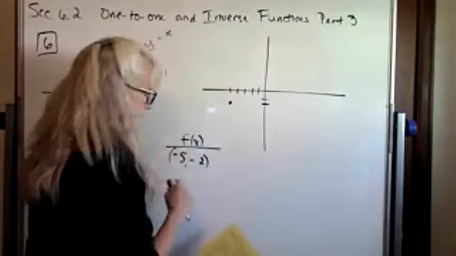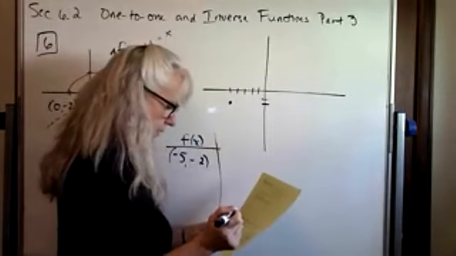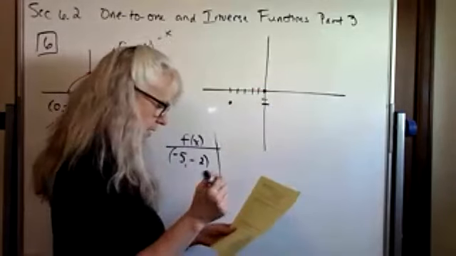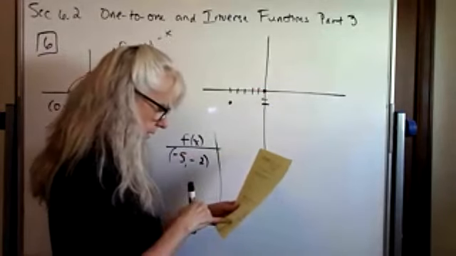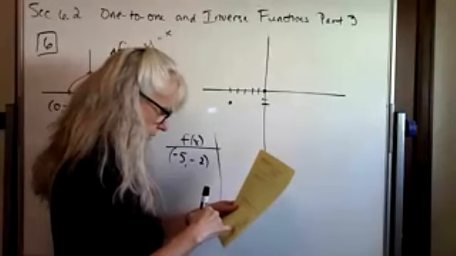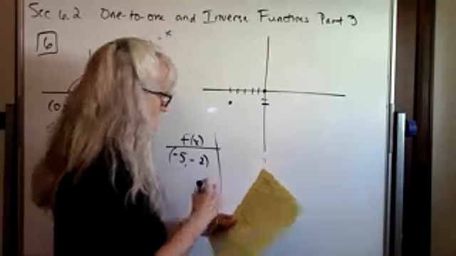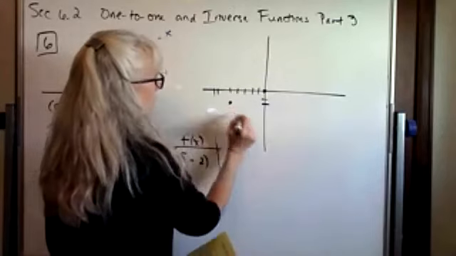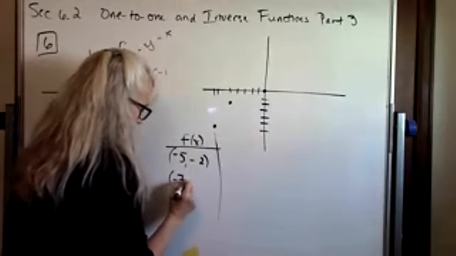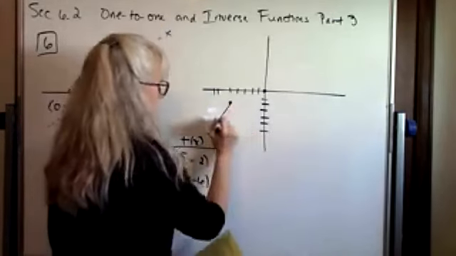We also go through the origin, so we'll include the origin. I need another point out here somewhere. It looks like it's at (-7, -5). No, (-7, -6). So there's another point out here at (-7, -6).